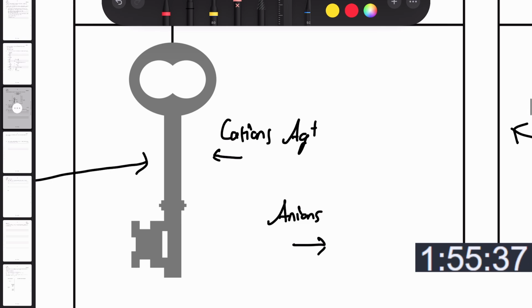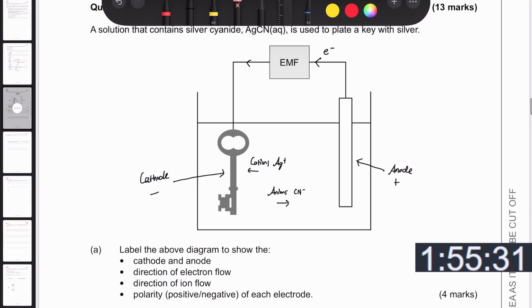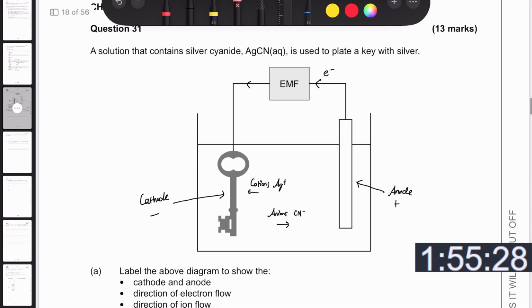So this would be Ag plus and then CN minus. Yes, I think this is the way.